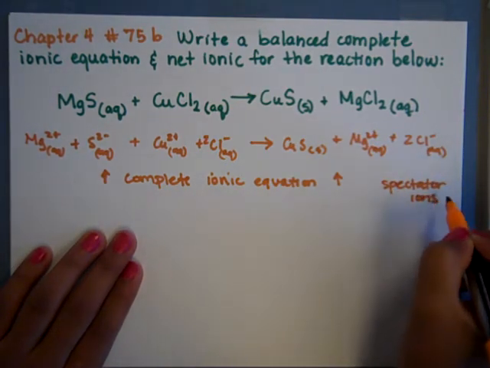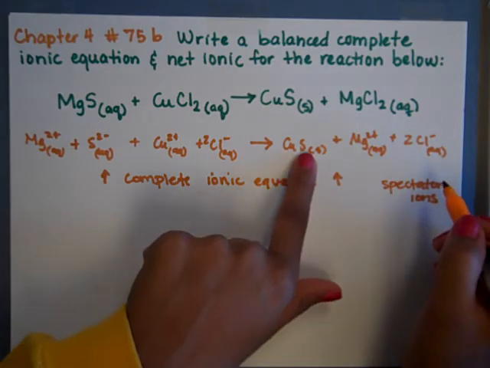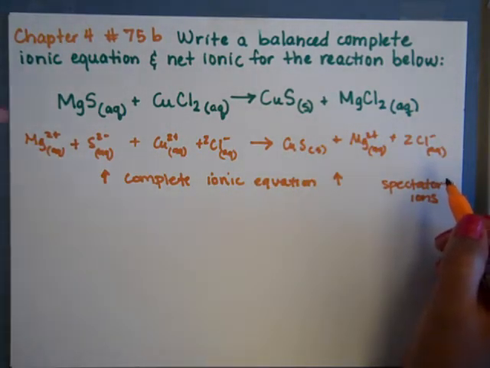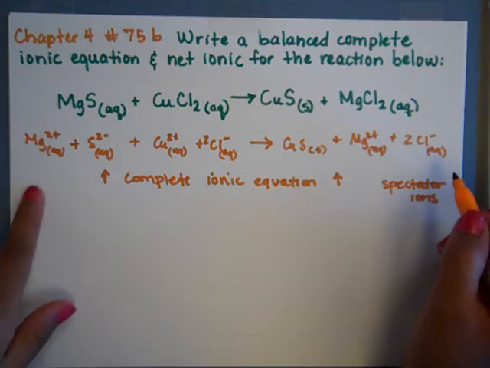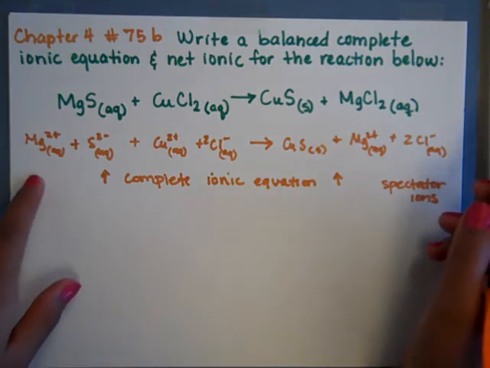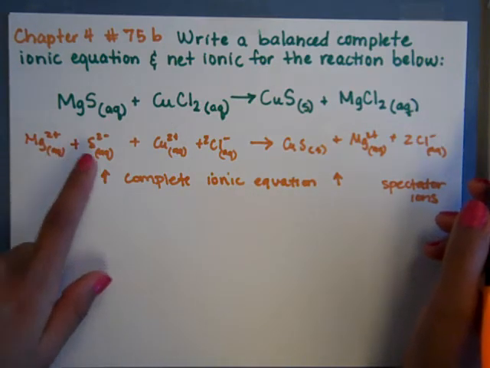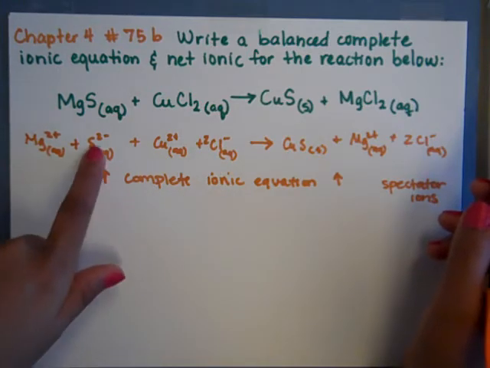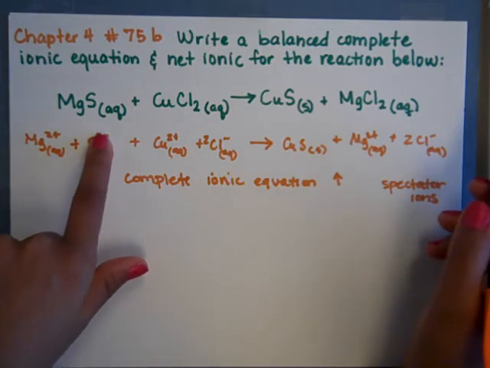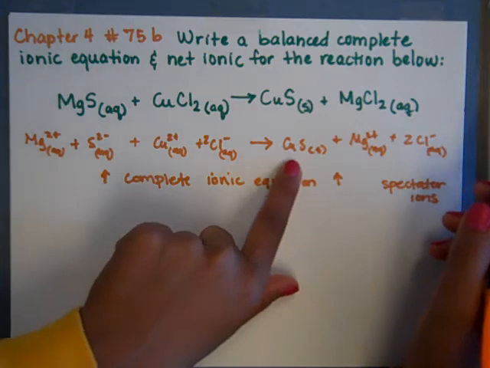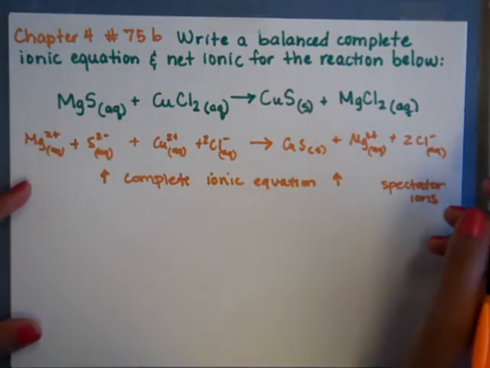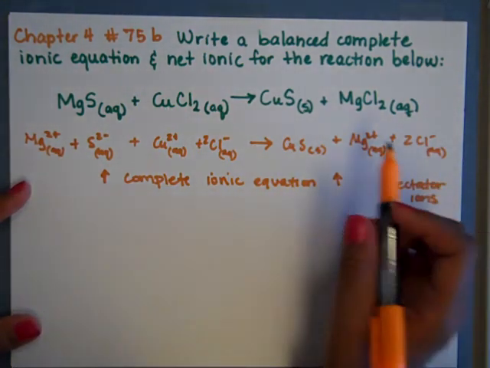They are the ones that do not actually participate in making the solid, and they will not be included in the net ionic equation. So in this case, spectator ions are going to be magnesium and chloride, because copper and sulfur made copper sulfide. So let's cross off the spectator ions.